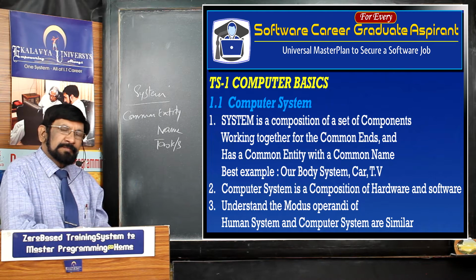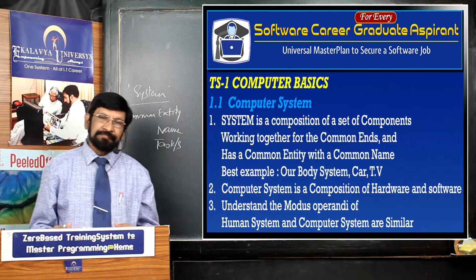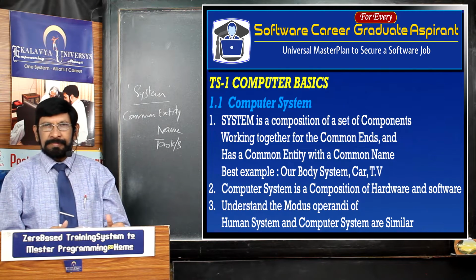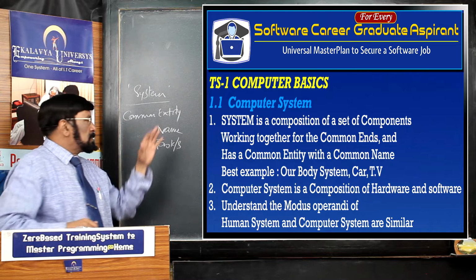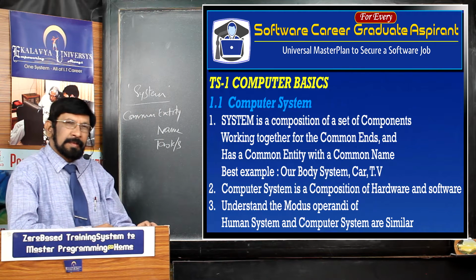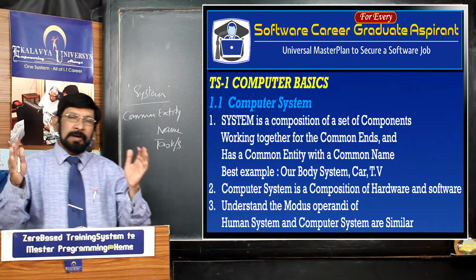The best example for this is our human system. Any person you take, otherwise you take a car or you take a TV. All these are systems. Now let's apply this definition. You take a car. In a car, hundreds of components are there.